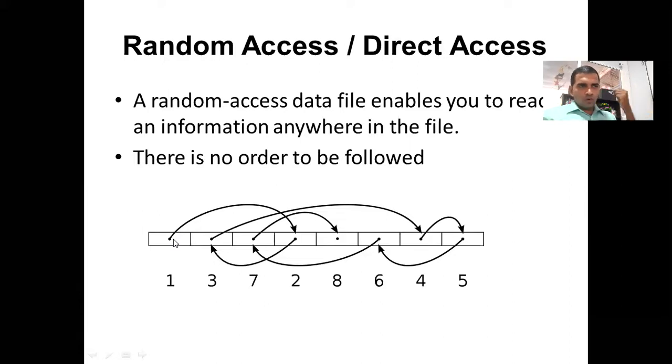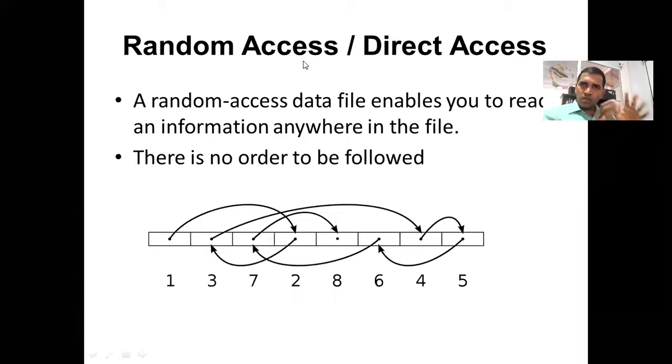Now, you want to access a person's data which is here, right? Yes, you can jump into that one and read it. After reading this data, you want to access someone's which is entered as second. Yes, just return and read it. There is no issue at all. You may read, you may jump and come back and go, anything is possible. This is called random access.